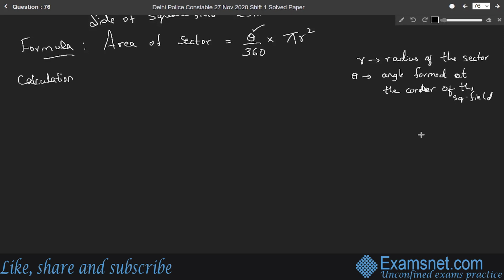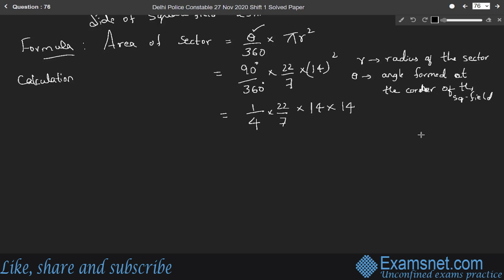Area of the sector is equal to theta, 90 degrees, divided by 360 degrees, into pi, which is 22 by 7, into the radius, the length of the rope, 14 square. Therefore, 90 by 360 is 1 by 4, into 22 by 7, into 14 into 14.